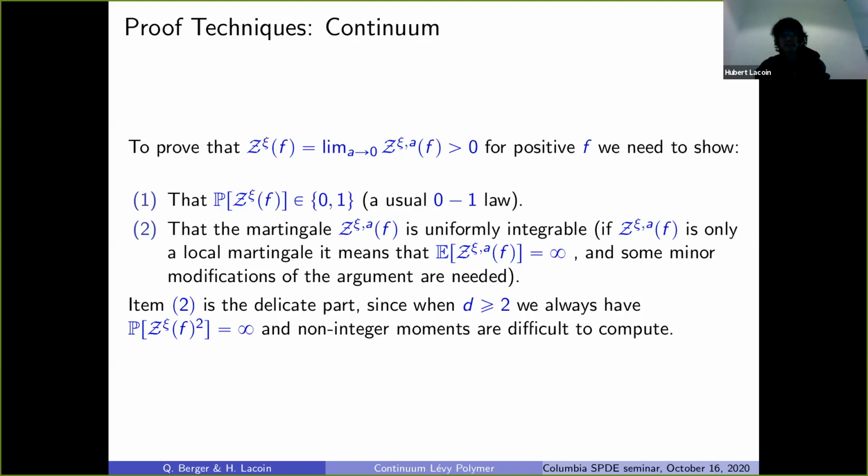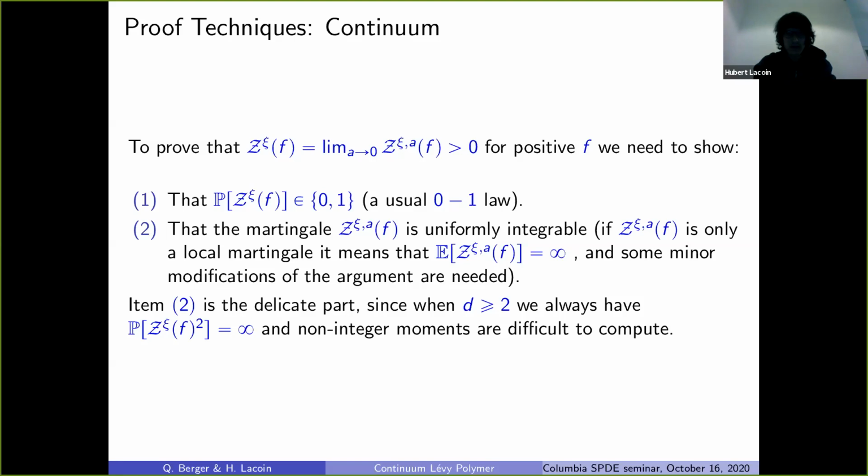And the second moment is infinite. So we decided to make some surgery on the partition function, taking the parts that were making the second moment infinite, and to show that the rest had bounded second moment. This was probably the most technical part in the paper.